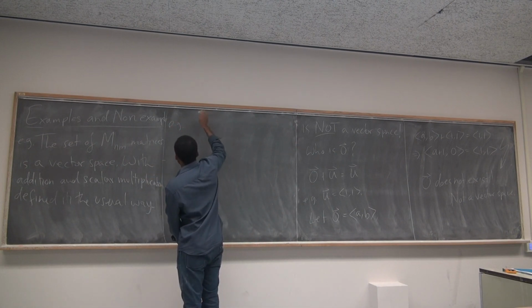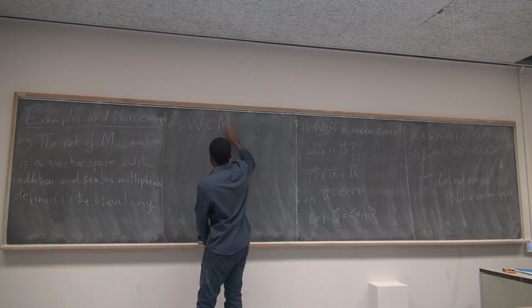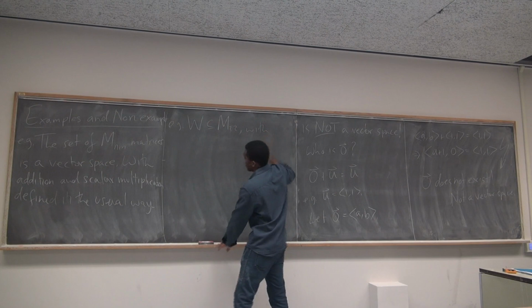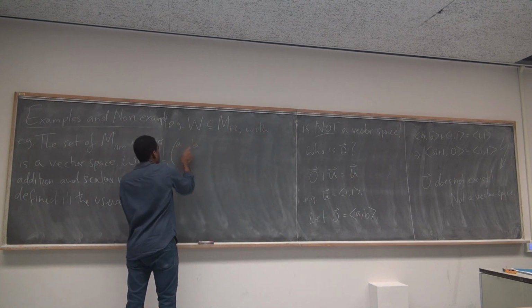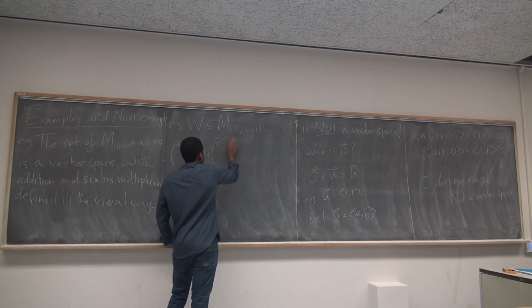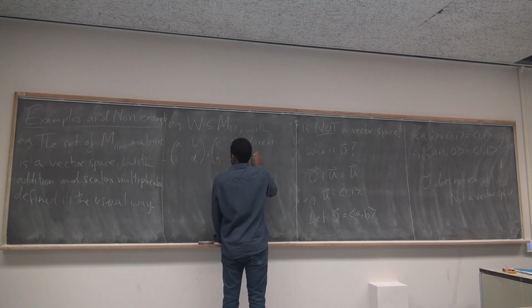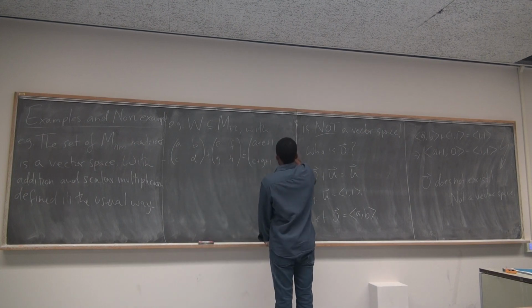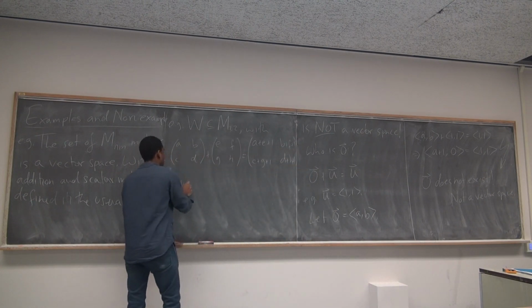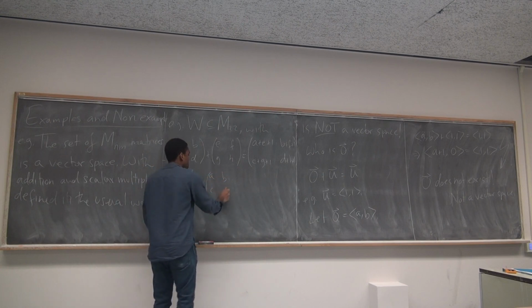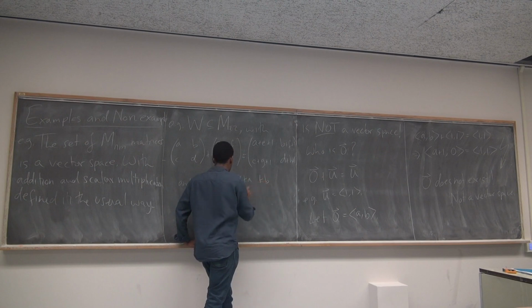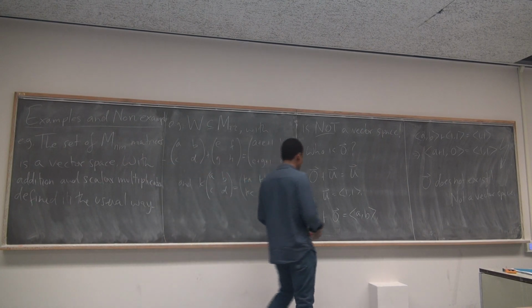Example: let W be a subset of the 2 by 2 matrices with A, B, C, D plus E, F, G, H equals A plus E plus 1, C plus G plus 1, E plus F plus 1, E plus H plus 1, and a scalar times A, B, C, D is just what you think: K A, K B, K C, K D. Is this a vector space with that definition of addition?